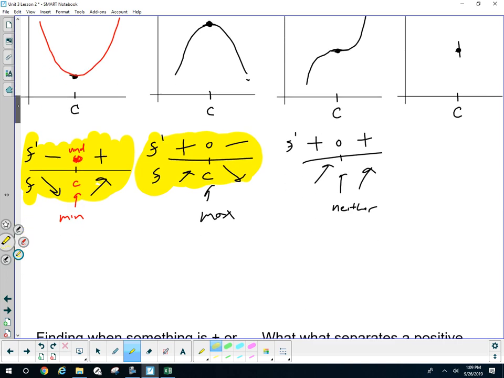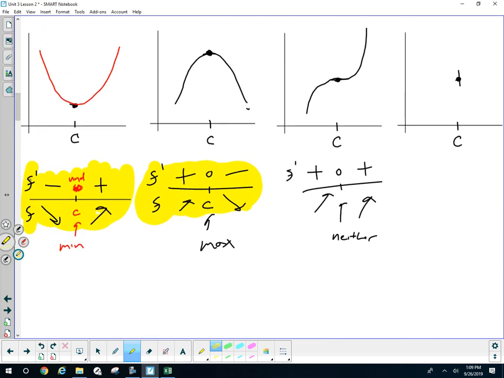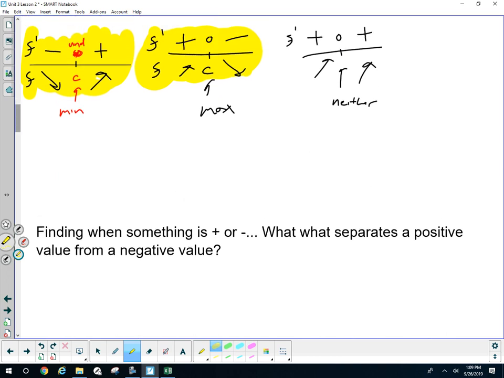Okay? So, understanding signs of derivatives, whether things are positive or negative, the question then becomes, how do I know when things are positive or when things are negative? What separates positive from negative values? And this is kind of a reasoning why critical points are so critical.